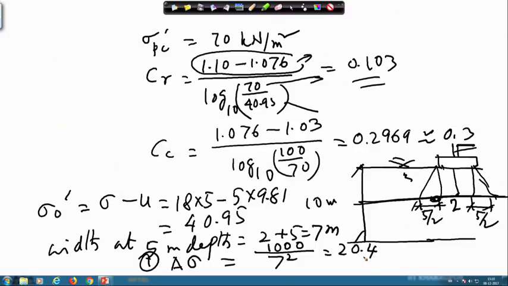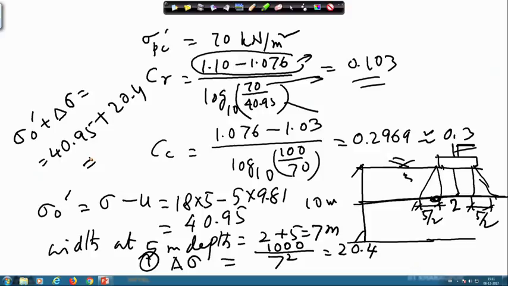This is 20.4, and that means your sigma naught dash plus delta sigma, these two together, will be equal to 40.95 plus 20.4, that gives you your 61.35, which is less than 70.